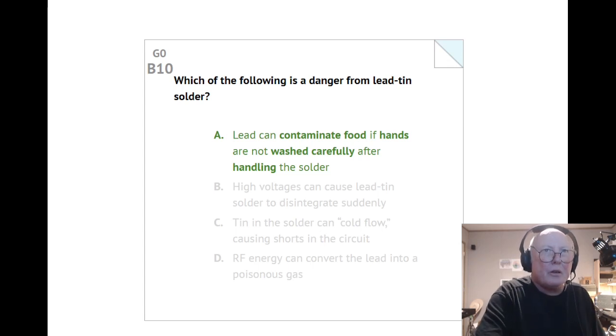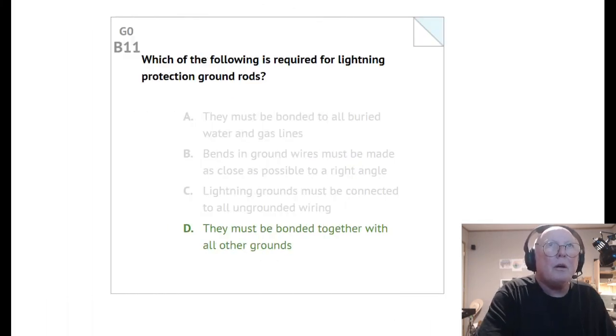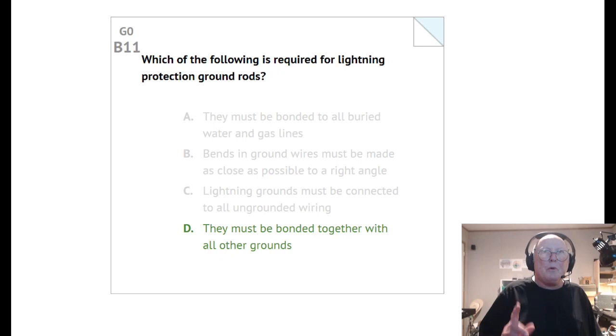Okay, let's see. B11. Got two more to go after this one. Which of the following is required for lightning protection ground rods? They must be bonded together with all other grounds. That's the answer to B11.